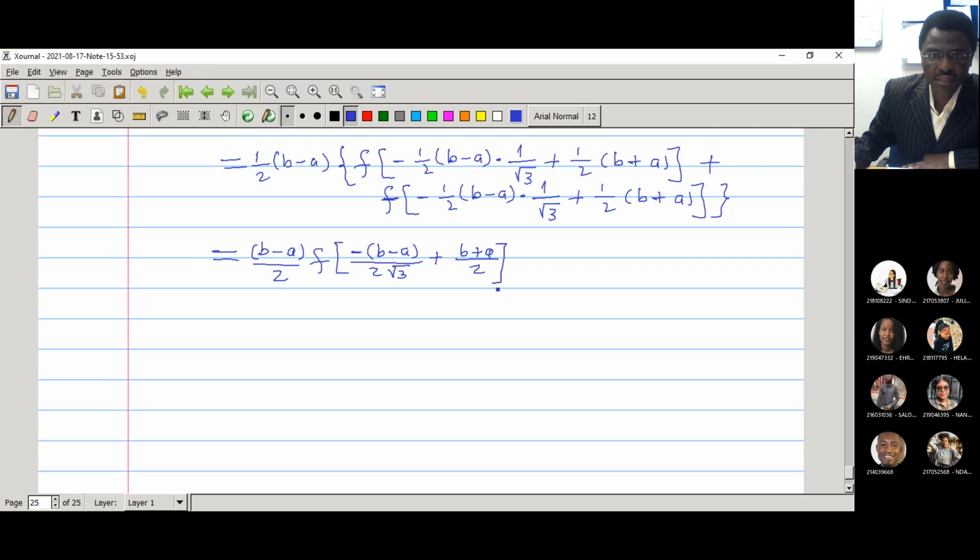It's simpler like this. Plus the same thing, but with plus here. So exactly the same thing. Or I can factor like this, or I can expand. It doesn't matter. It's the same thing.